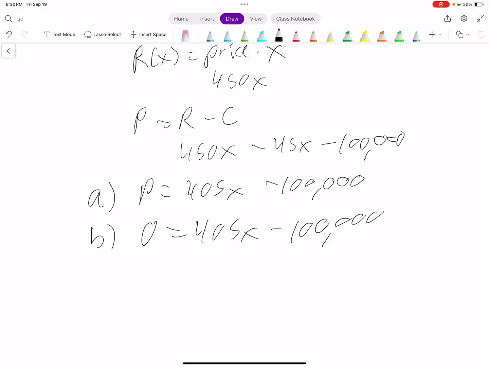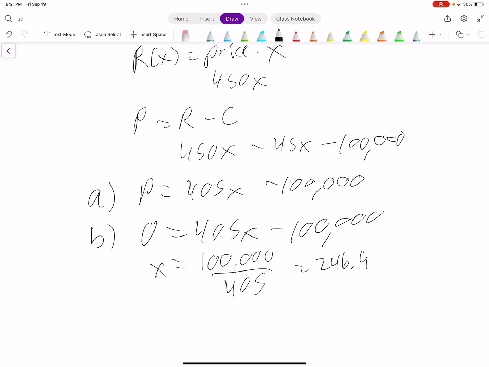So x equals 100,000 divided by 405. So when we take 100,000 divided by 405, you get 246.9.